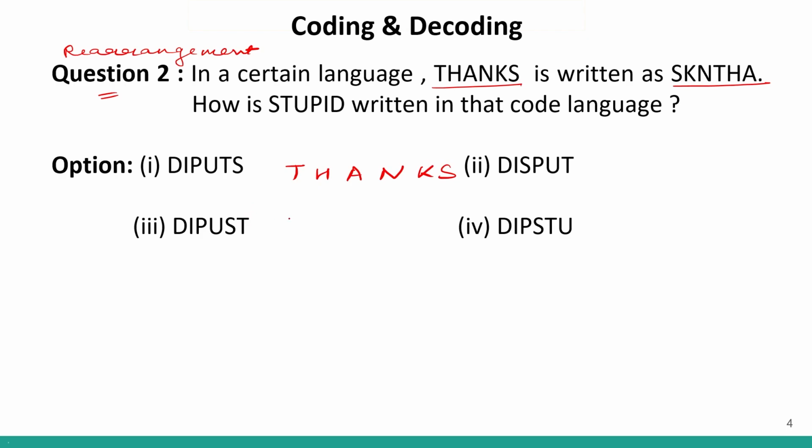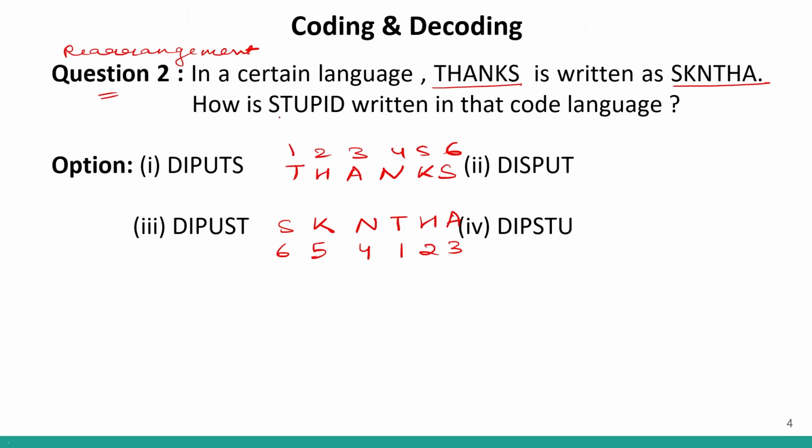THANKS is written as SKNTHA. Correct? If I give them numbers 1, 2, 3, 4, 5, 6, the corresponding numbers are 6, 5, 4, 1, 2, 3. It is 6, 5, 4, 1, 2, 3.